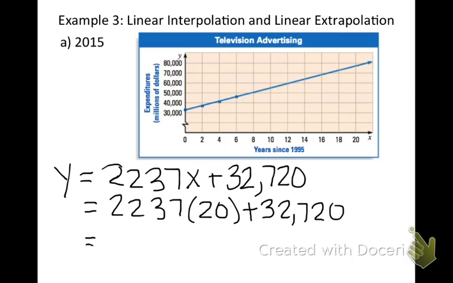Take your answer and add 32,720, and you will get 77,460. Remember that our amount of dollars is in millions. So our model predicts that about 77,000 million, which is 77 billion, will be spent in 2015.